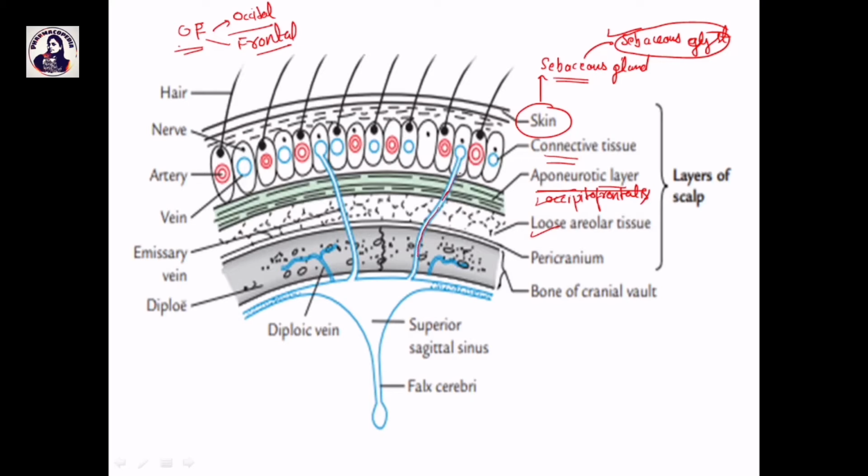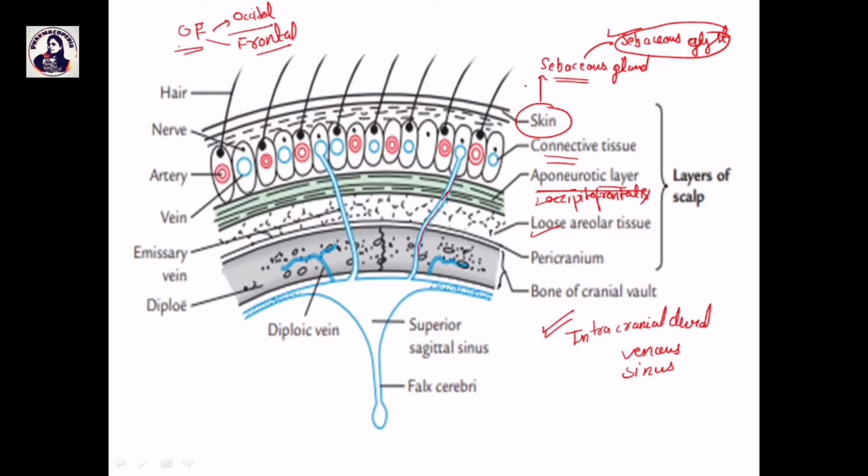What this emissary vein does, dear students, is connect the second layer of the scalp, which is formed by the connective tissue, to the intracranial dural venous sinuses. So this emissary vein connects the second layer to the intracranial dural venous sinus. It is very much important. Please remember this, dear student.